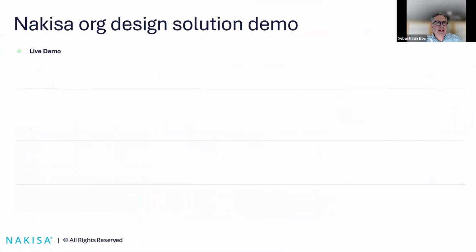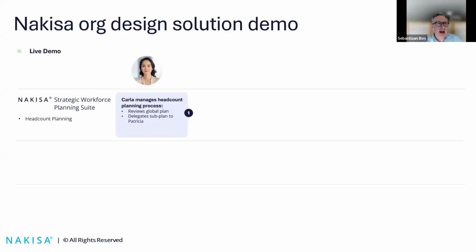So that's the demo scenario of what I will be showcasing. I'm going to be looking at Carla, who's managing a headcount planning process. She's looking at a global plan overall, and she's delegating sub-plans to various individuals like Patricia.